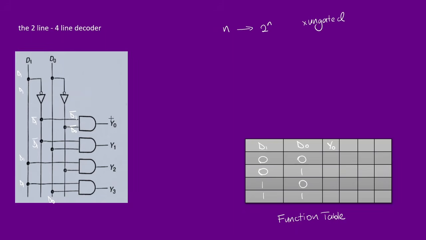These are my inputs to my y0 gate, meaning that for the case where D1 and D0 are both 0, my y0 is going to be high.